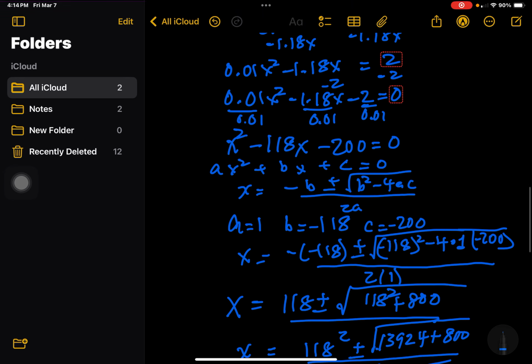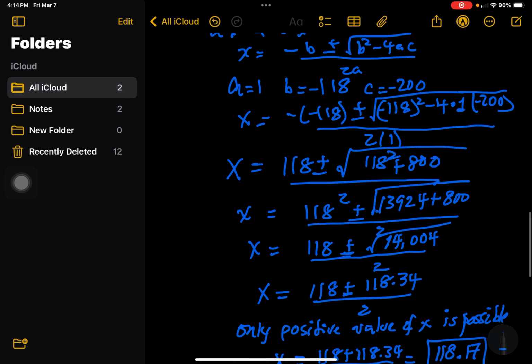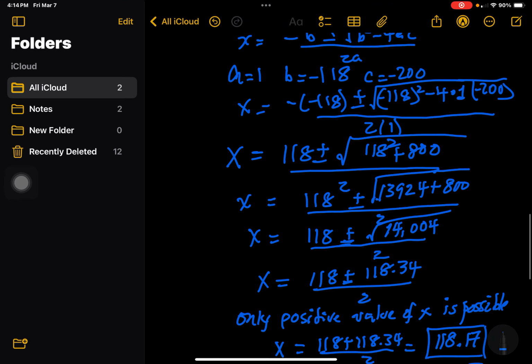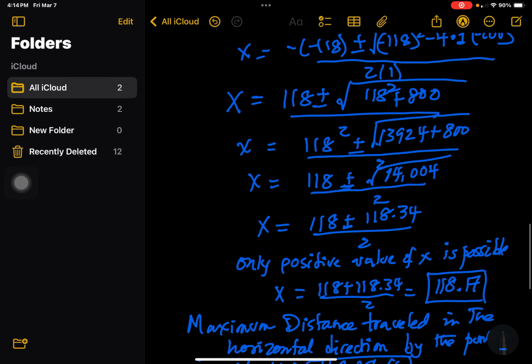And a is 1, b is minus 118, c is minus 200. Okay, so in that case we solve for x, and we can only take the positive value of x. We cannot accept a negative value of x. That being the case, the maximum distance that the football will travel horizontally along the ground from the punter's feet is 118.17 feet.